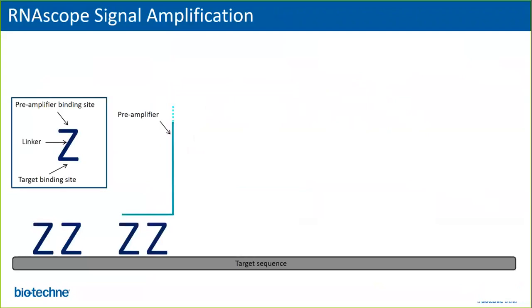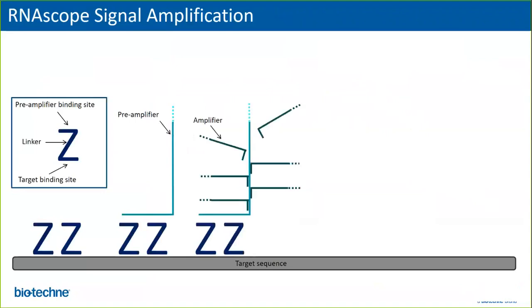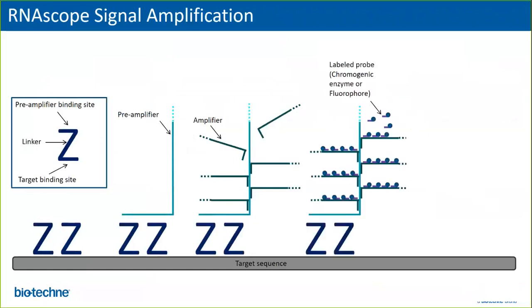Now, once the pre-amplifier binding site is formed, signal amplification can take place, and an L-shaped pre-amplifier molecule is added, as shown here, which only binds to the pre-amplifier site. The amplifiers then bind to multiple sites along the pre-amplifier, and finally, the label molecules, such as chromogenic and fluorescent, bind to numerous sites on the amplifier, as shown in blue.